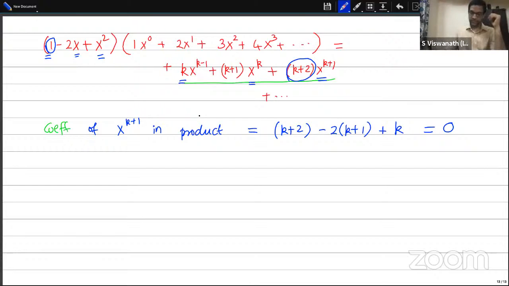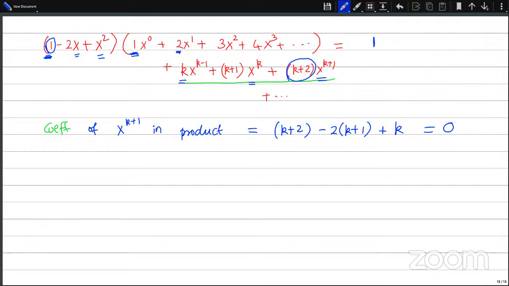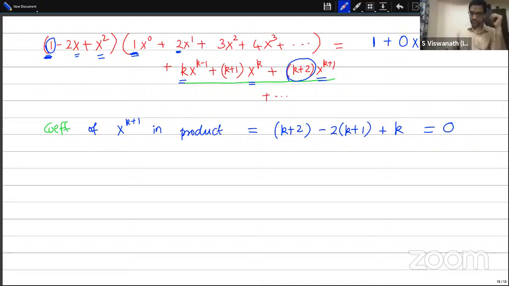Okay, let's just do the first few terms just to ensure things are okay. So constant 1 into 1 gives me a 1. Then minus 2x. So we can directly multiply. That's already a 0. Correct. So plus 0 times x. Correct. All I was trying to do was tell you what the most general multiplication will look like. But you're right. Maybe it's better for intuition to just do it directly.